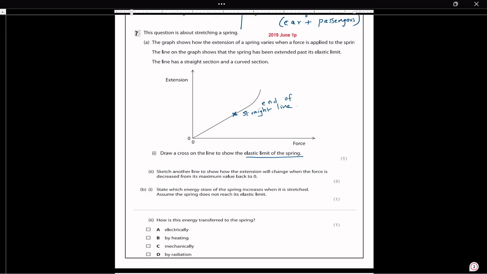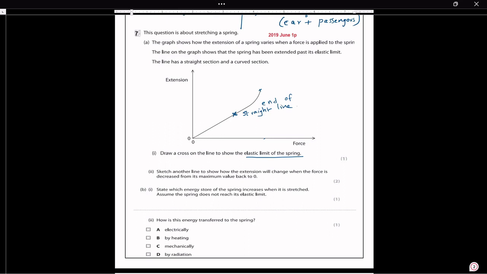Then sketch another line to show how the extension will change when the force is decreased from its maximum value back to 0. The force maximum value is this one. From here, as you add the load, the extension is increasing.